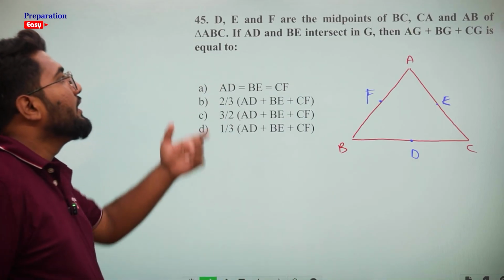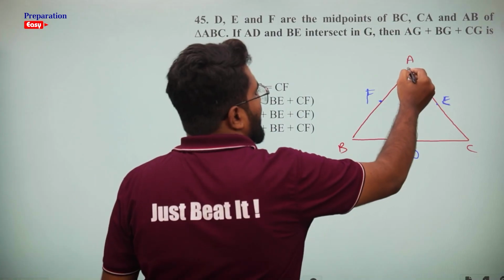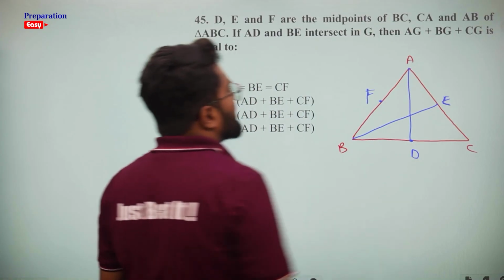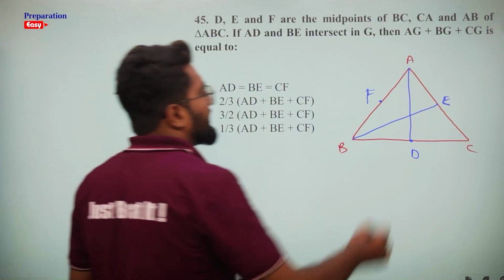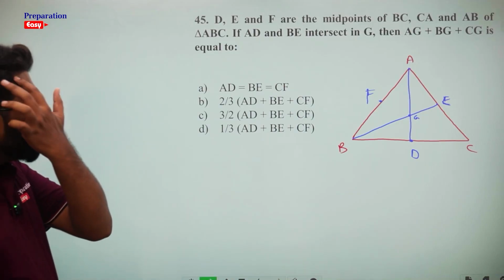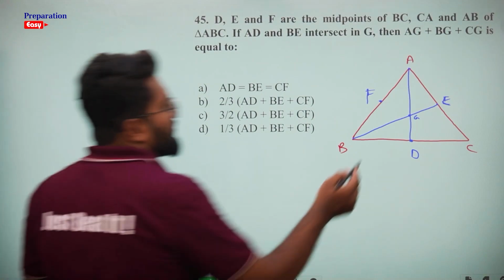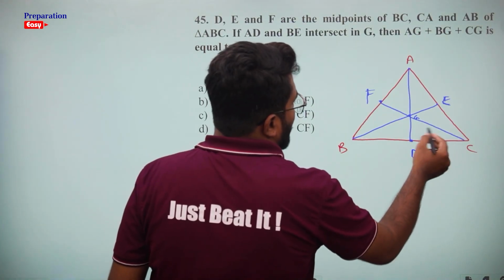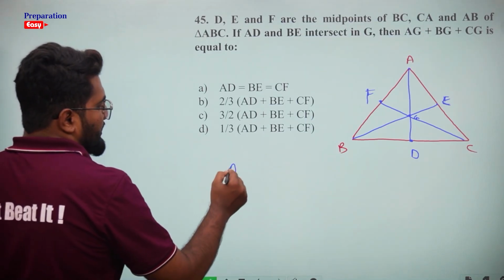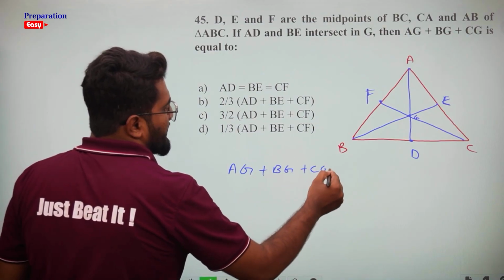If AD and BE intersect at point G, then AG plus BG plus CG equals what we have to find, AG plus BG plus CG.